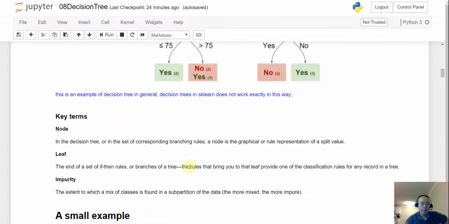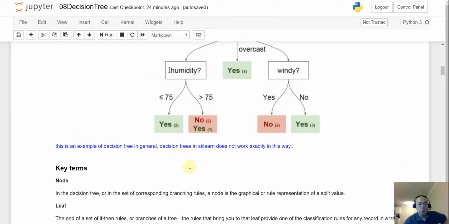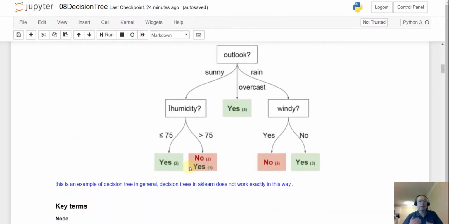And the next thing is the impurity. We are going to talk more about the impurity later. The concept of impurity is: if we reach a node and it is 100% pure, 100% of one label, for example, like this one, yes. In this case, it is a pure leaf already.